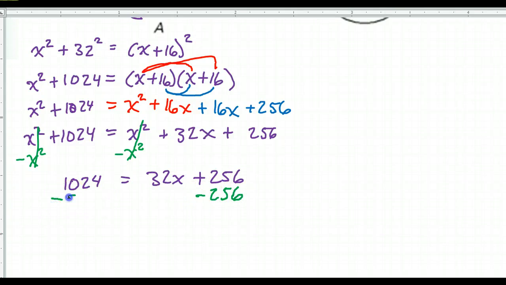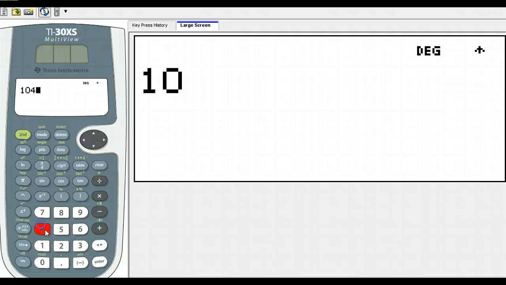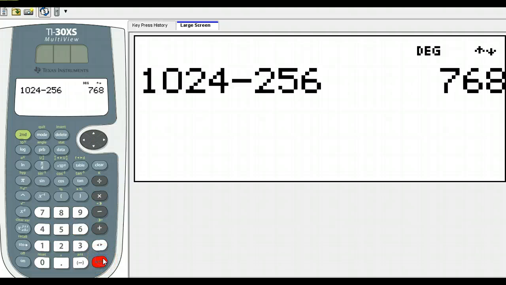Subtract 256 from both sides. Kabam. All right, 768.